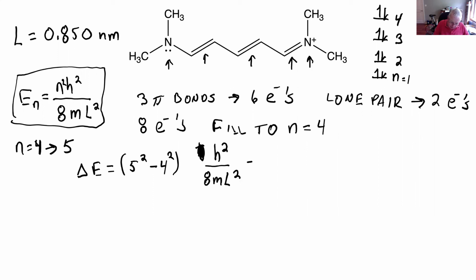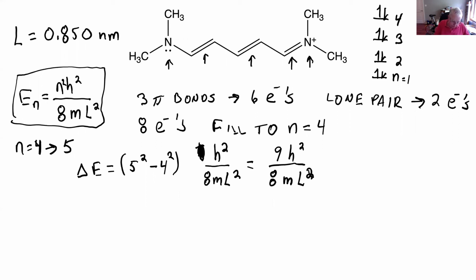My front piece there is equal to 25 minus 16, so that's 9. And so all of this is 9h squared over 8 m L squared. That's a square, really. Okay, so let's now get that for an energy value, right?